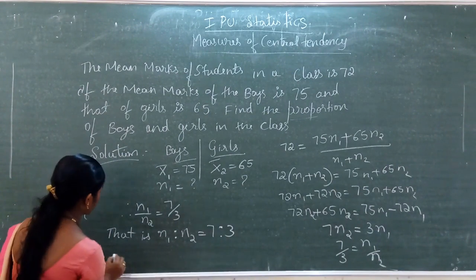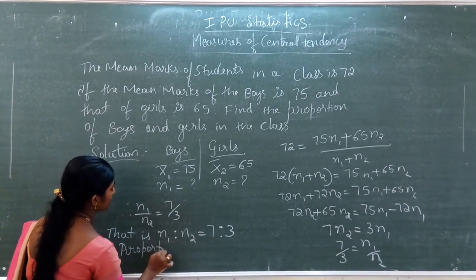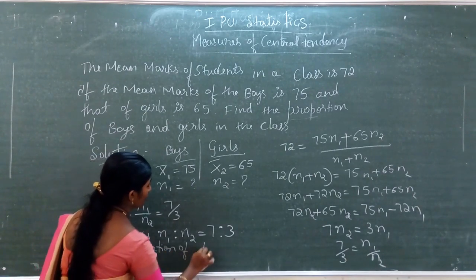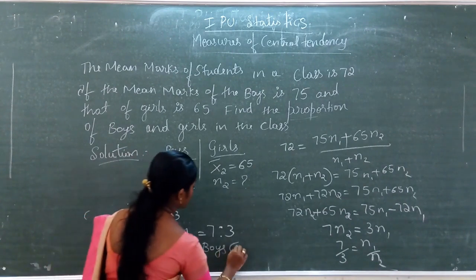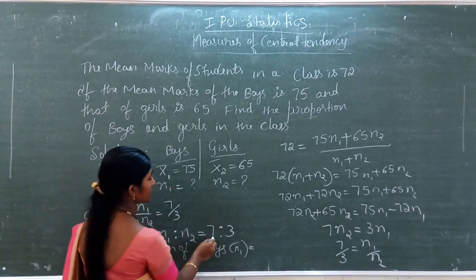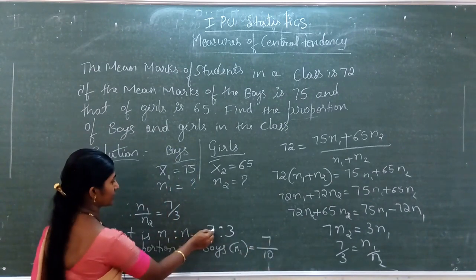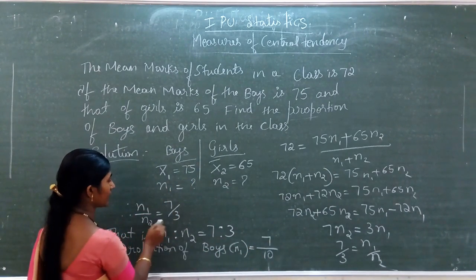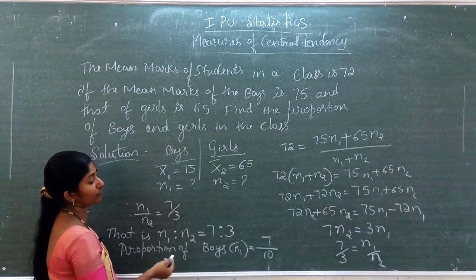Therefore proportion of boys, that is n1, here 7 plus 3 total 10. 7 is the n1. n1 equal to 7 and n2 equal to 3 here. They have asked the proportion of boys.